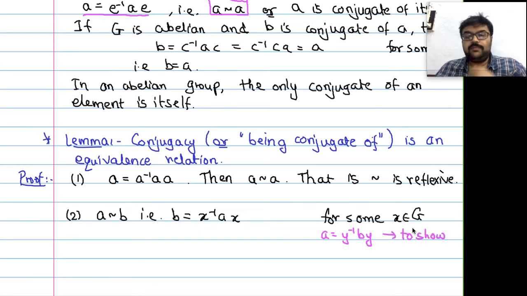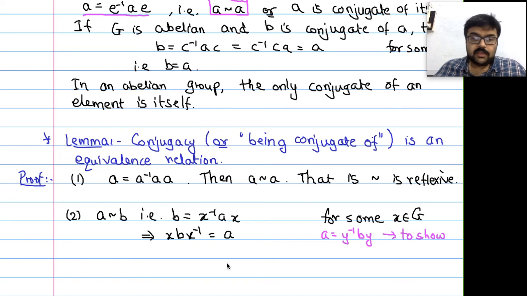Then we have B is related to A. So yes, multiply by x on both sides. So this implies x b x inverse equals A. Right? So multiply to the left by x. So we have xb equals ax, and multiply to the right by x inverse on both sides.